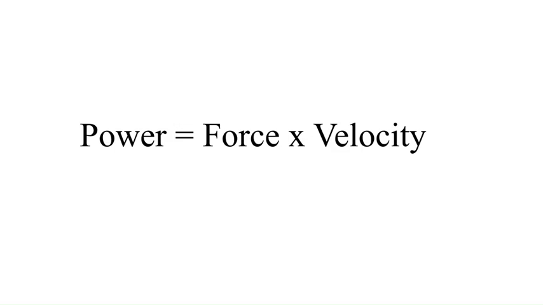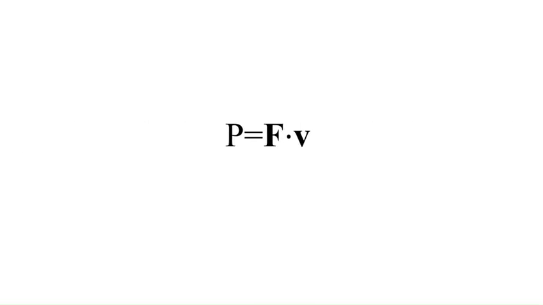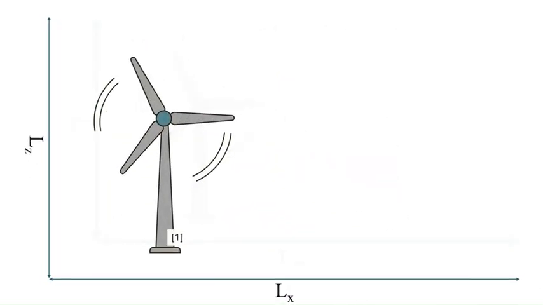Classical mechanics gives us the equation power equals force times velocity, or power equals force dot velocity for vectors. Well, from the group project, we already have the speed of wind and the force applied to the wind at the same grid points.